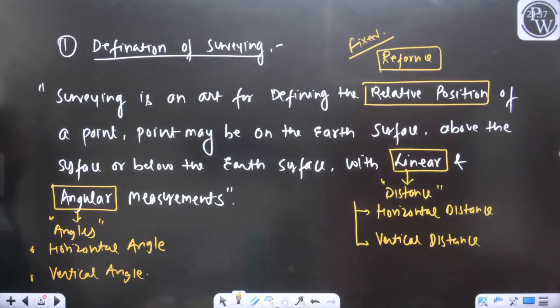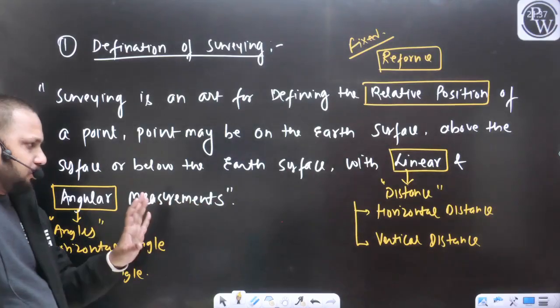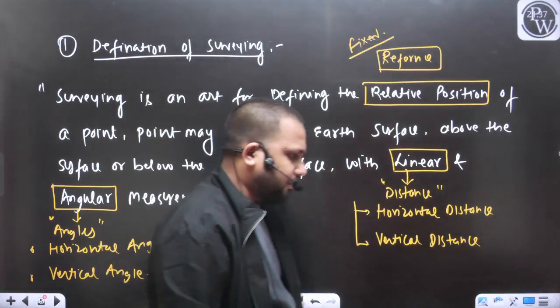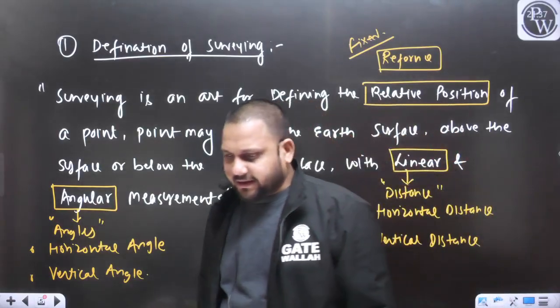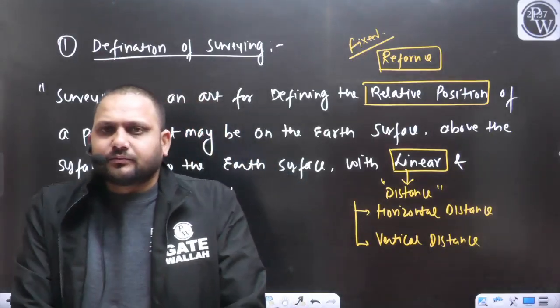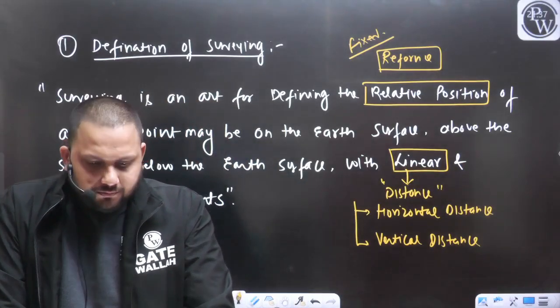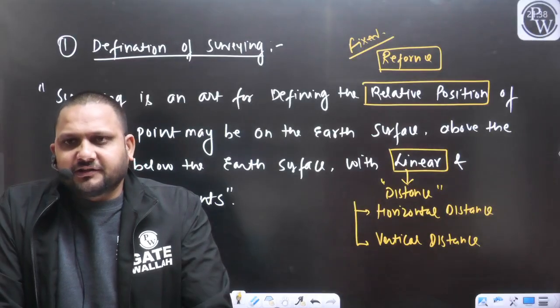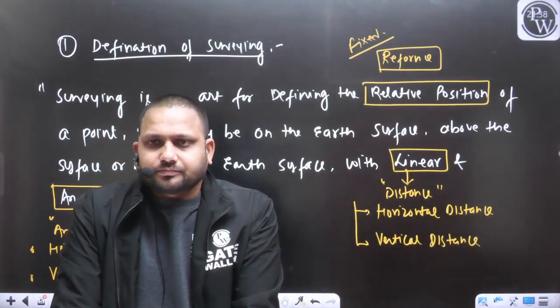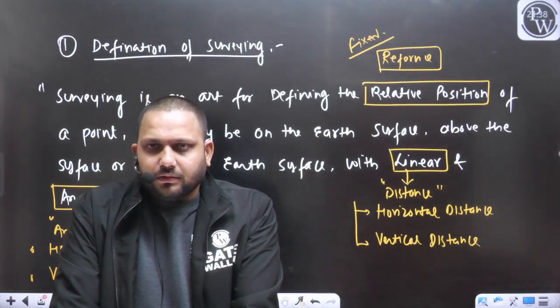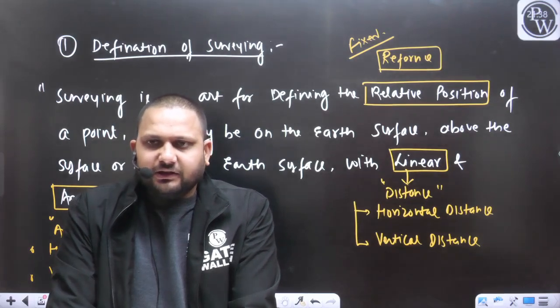So first we will discuss these terms. What do you mean by the horizontal distance? What do you mean by the vertical distance? What do you mean by the horizontal angle and what do you mean by the vertical angle? Any one of you, can you define the horizontal distance?